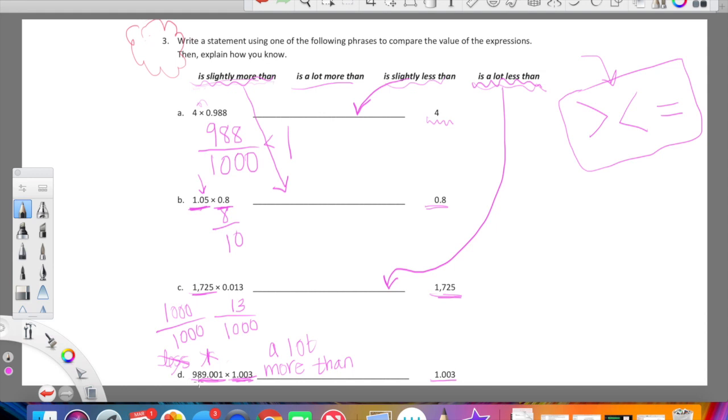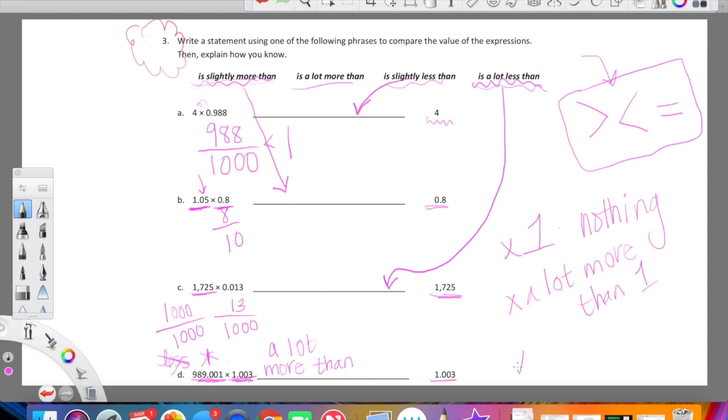See how that's working out, you guys? So moving forward, this is what I need you to consider. When you're multiplying something by 1, you know what happens. Nothing happens when you multiply something by 1. You're just making one copy of it. When you multiply a number by something that's a lot more than 1, the number grows significantly.